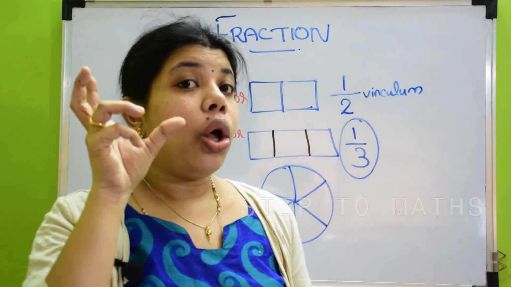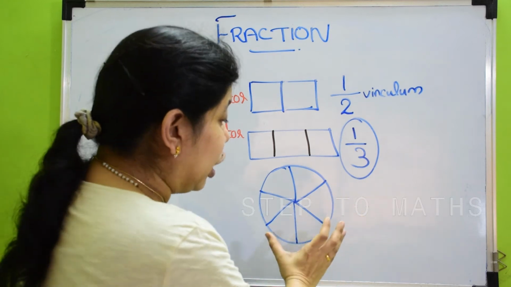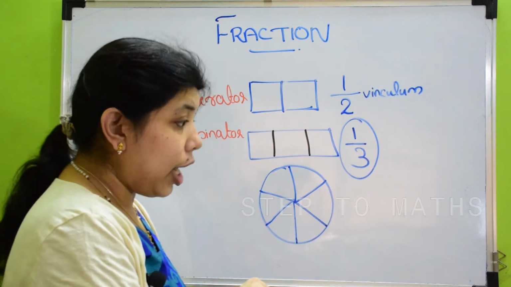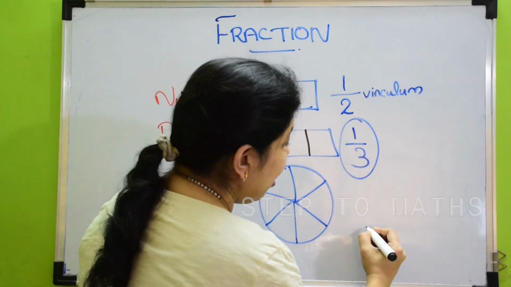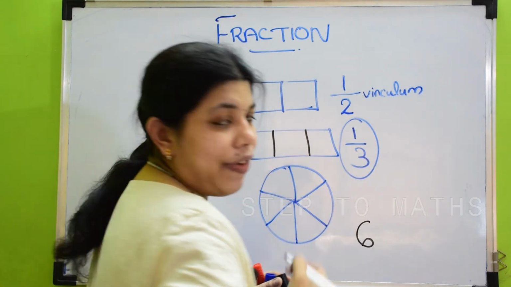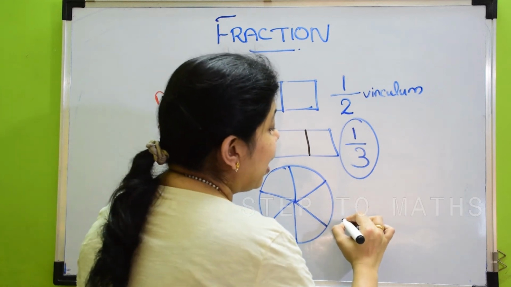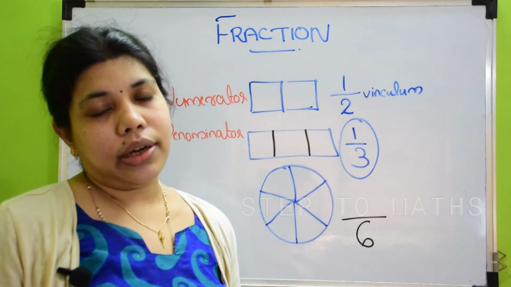So, what comes in the denominator? Here how many pieces are total? Total 6 pieces are available. So that is what we write in the denominator.